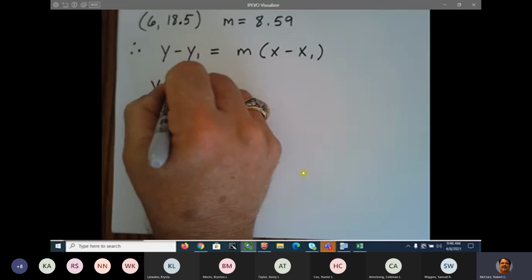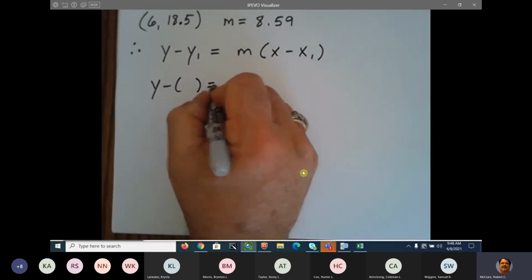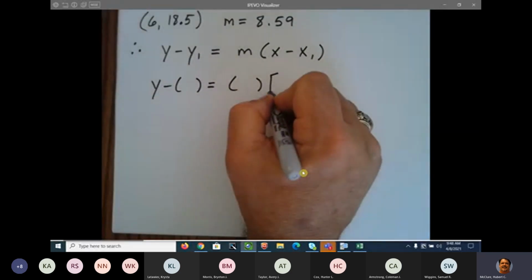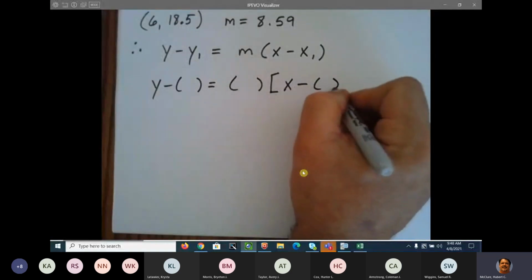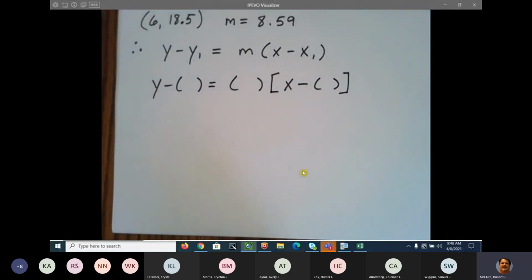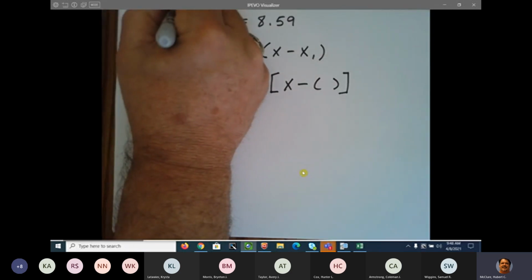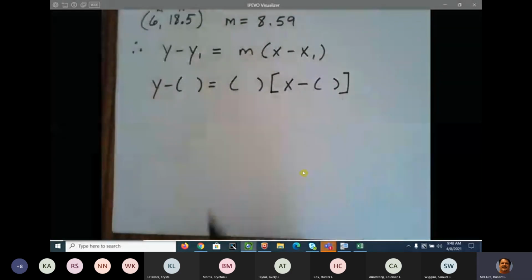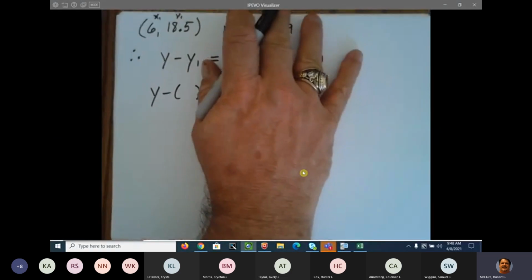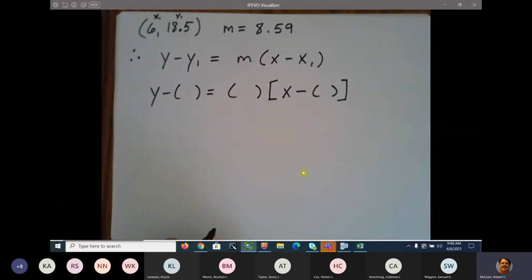Y minus parentheses equals parentheses times x minus parentheses. This is x sub 1, this is y sub 1. So plug and chug. I want y'all to do that. If you can't, then that pretty much means you're a failure, algebraically and with calculus.